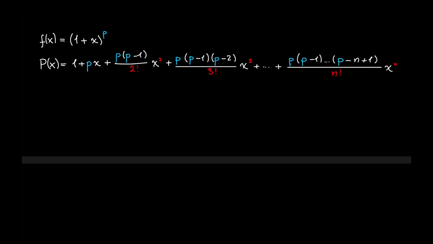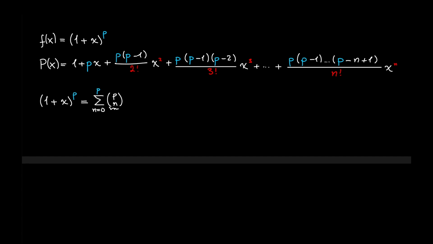And the general term in the expansion would be p times p minus 1 times p minus 2 and so on until p minus n plus 1 over n factorial times x raised to the power of n. Another way that this can be written is using the sigma notation from n equals 0 until p of combination p, n.